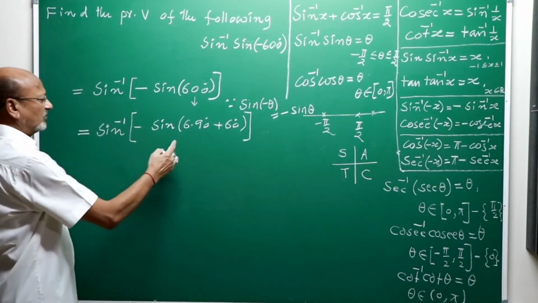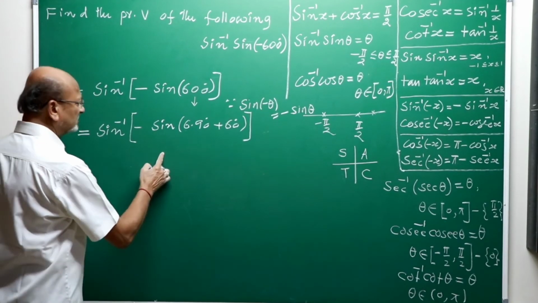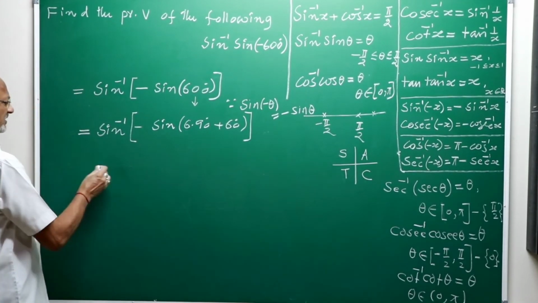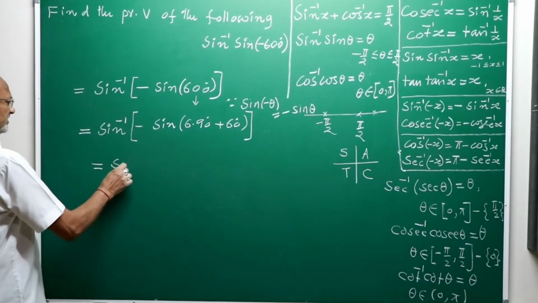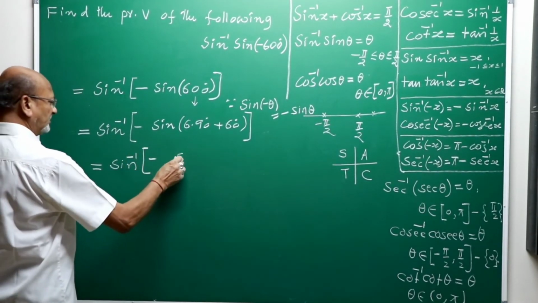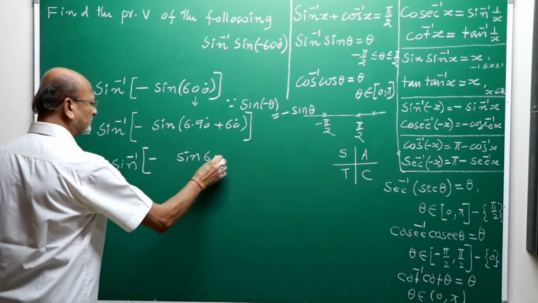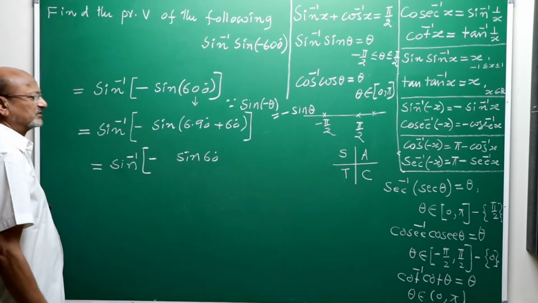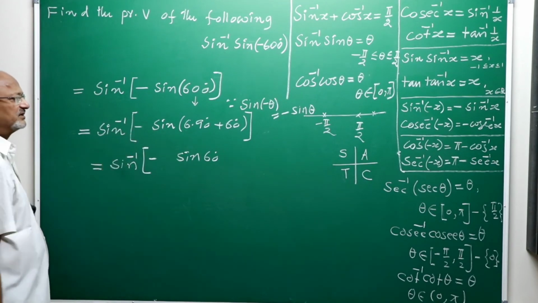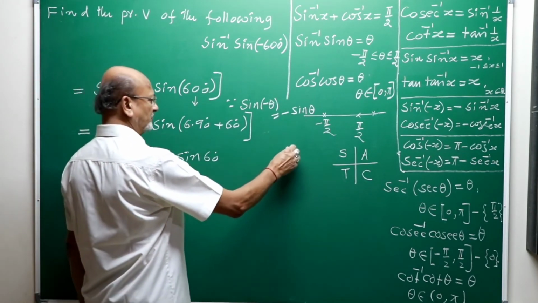My friends, once again even multiple. Sine remains a sine. Yes. It is sine inverse of minus sine of 60 degrees. Tell my friends, what is the sign? 6 into 90 plus 60.